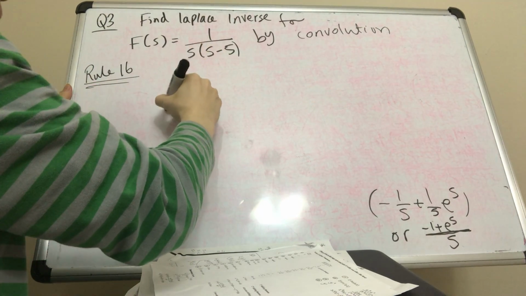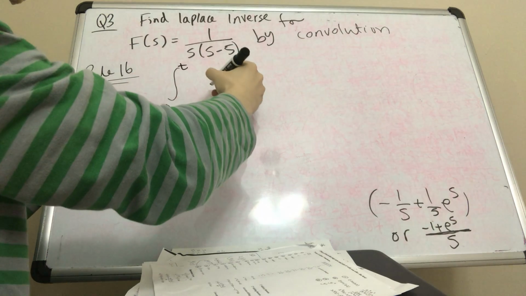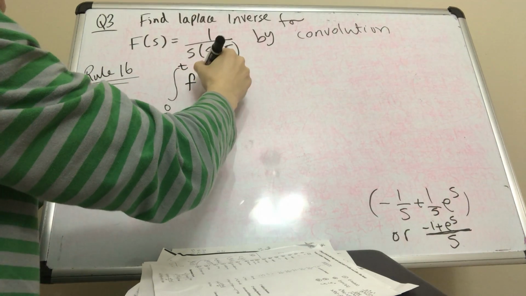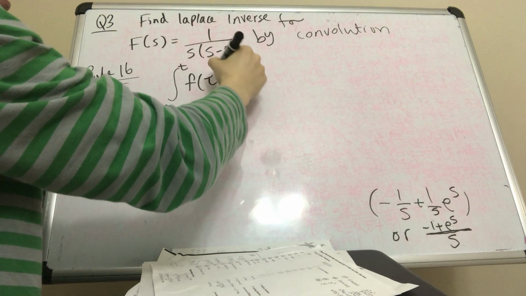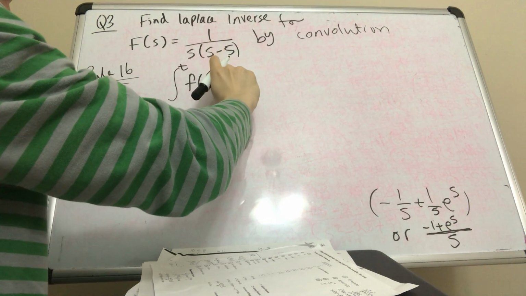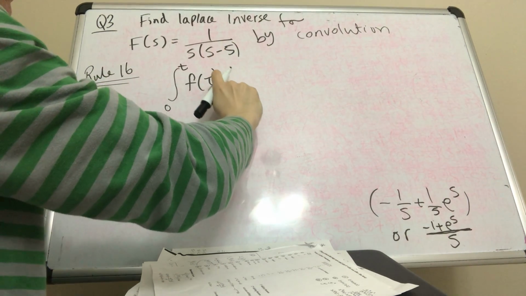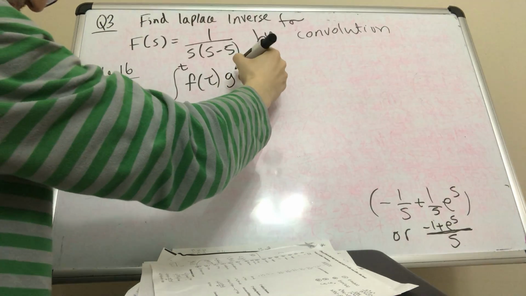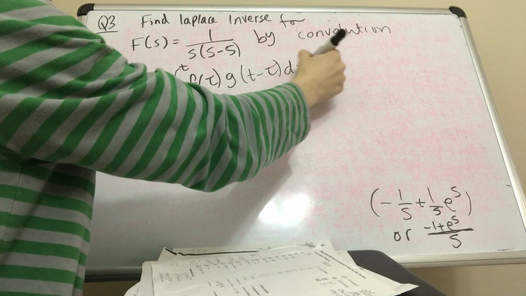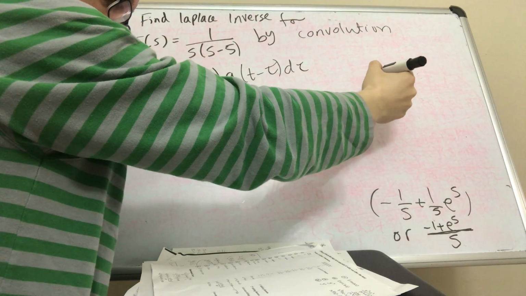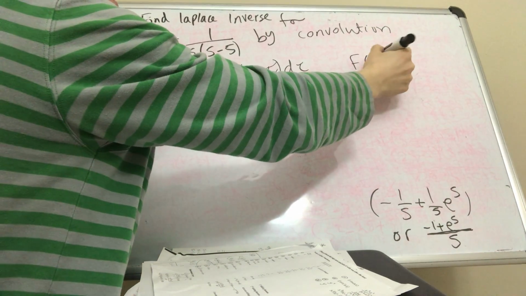When you have the integration from 0 to t, it becomes f of s times g of s.